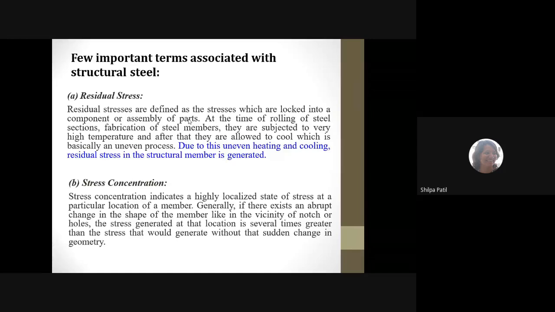If residual stresses are present in the section, when we subject it to compressive action, it has a very bad impact. When we subject any structural component to compressive stresses or axial compressive force, because of these residual stresses, members having a lesser thickness easily buckle.